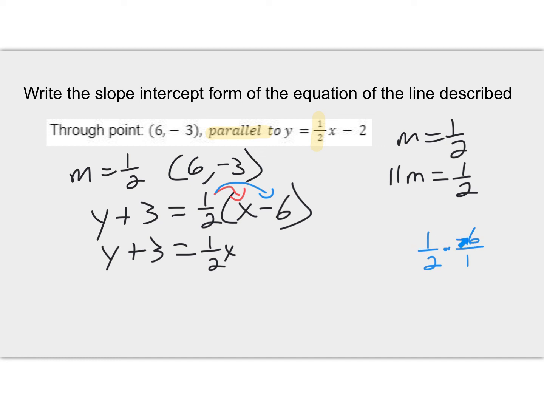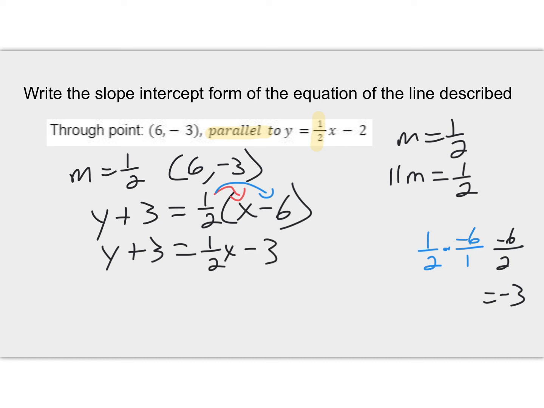The numerator is 1 times negative 6, that would be negative 6, over 2 times 1, which is 2. This says negative 6 divided by 2, and that actually equals negative 3. So going back here, half of 6 is 3, and half of negative 6 is minus 3.